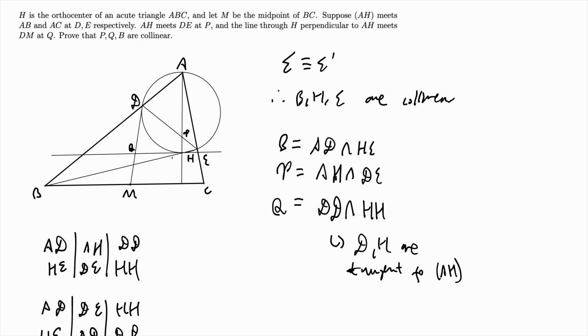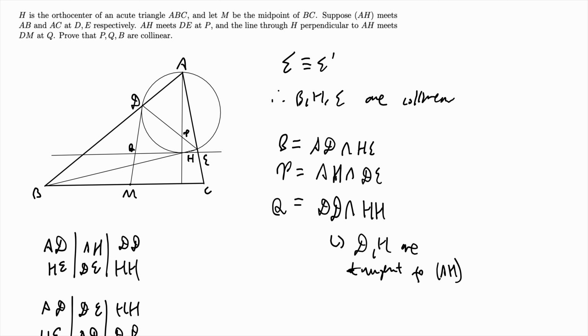If the lines tangent to the circle at D and H meet at Q, then we can define Q that way.